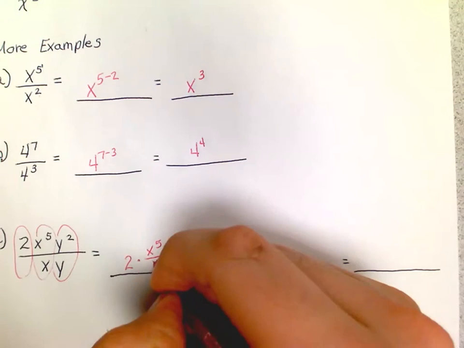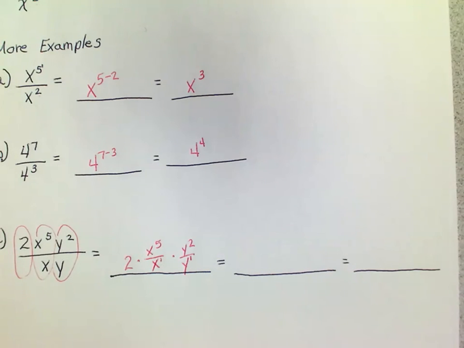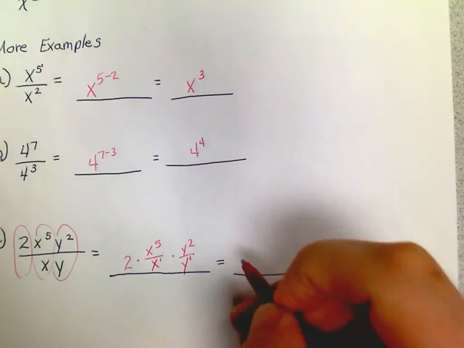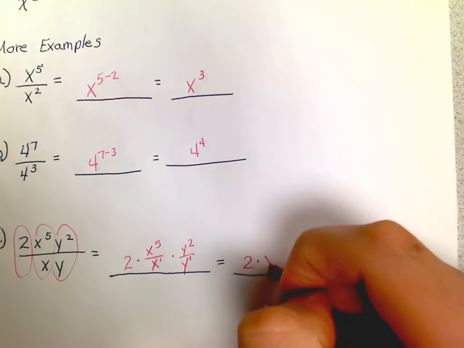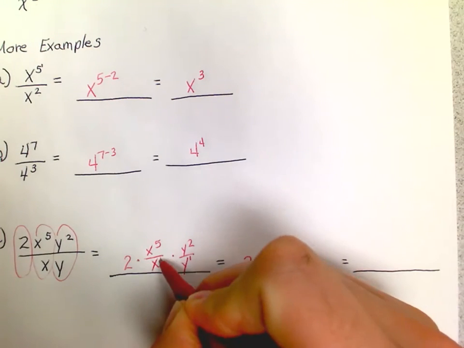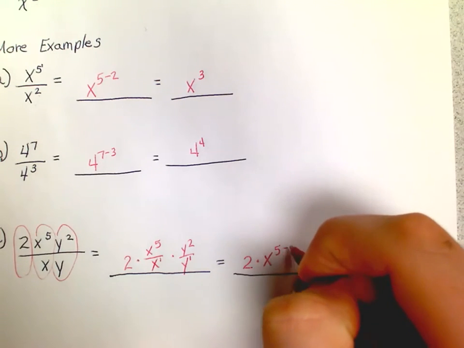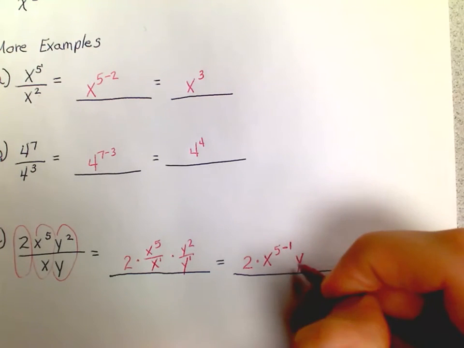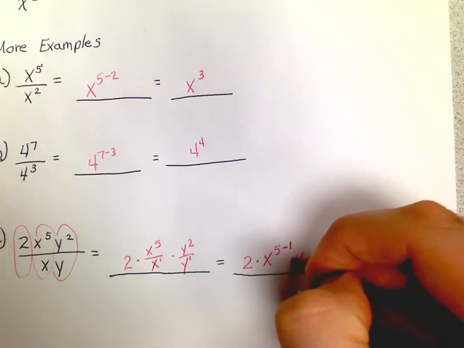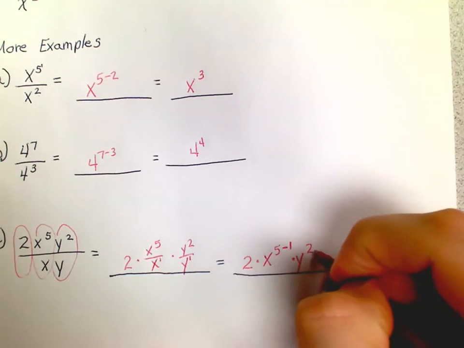Okay, so now we know that this x right here has a power of 1, as does that y. When the exponent is not present, we know that they have a power of 1 attached with them. So now we can say, bring that 2 right there, times, let's bring our x's together. So there's a 5 and a 1, so let's say x as the base with the power of 5 minus 1. Now let's work with the y, so let's bring our y, multiplying by y as the base. Okay, and then we look at our exponents, 2 and 1, so we subtract those.